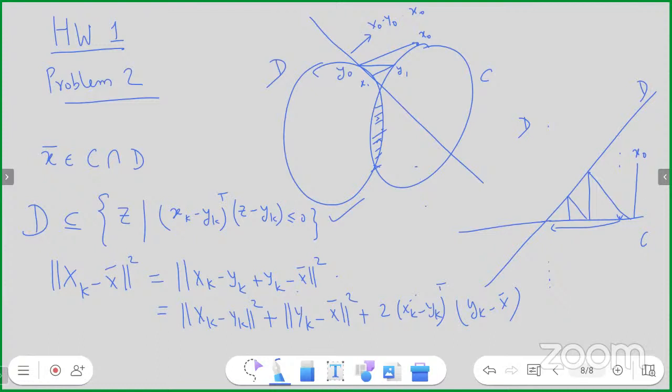Then this thing will be greater than or equal to just the first two terms. That's all I get, and the proof actually follows. Let's call it equation 1. You don't have to write it, it will be there on the video; you can just follow for the moment. I can drop this term and just get the first term.